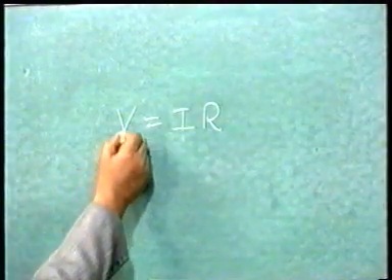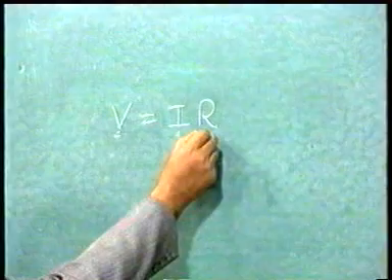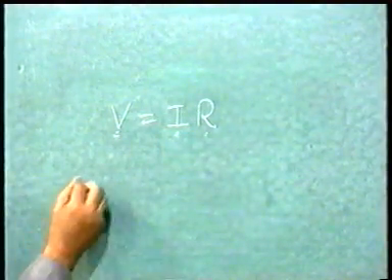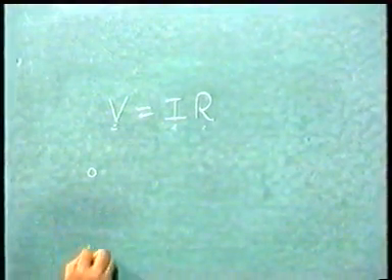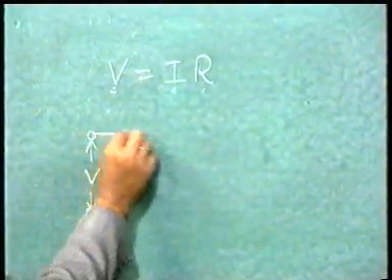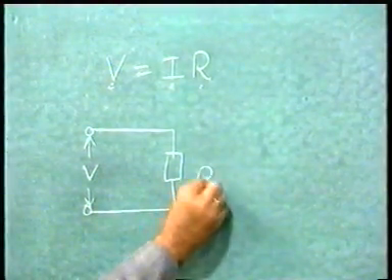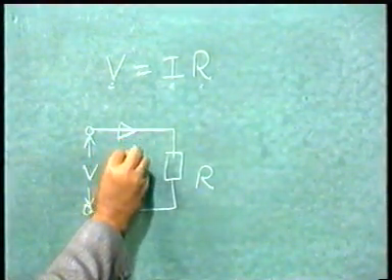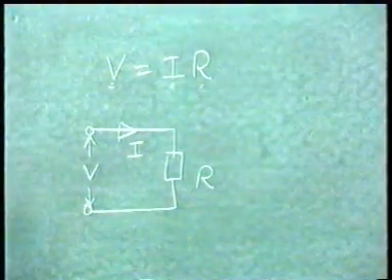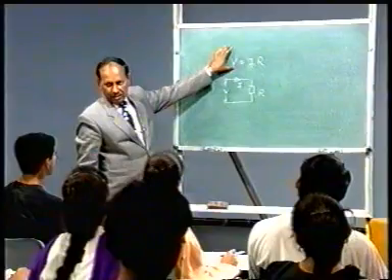I will show that you have a voltage V and a current I and a resistance R. Can we not represent this with the help of a circuit? V is applied across a resistance R through which a current I flows. Yes. So this is the equivalent circuit of V is equal to IR.